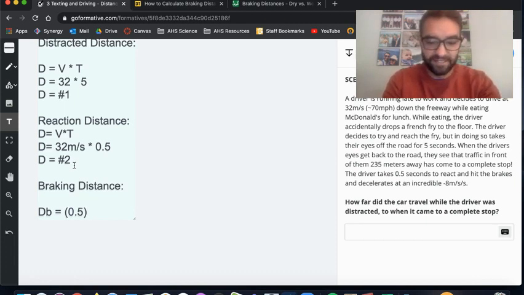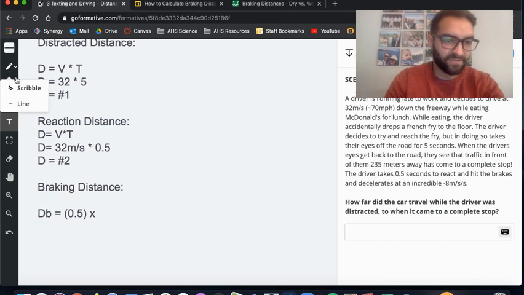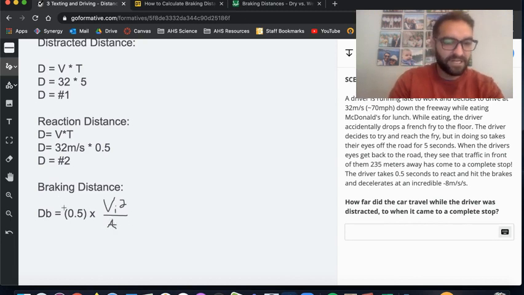Okay, and then you can multiply that by, and I will type this in because it's not going to work for me, vi squared divided by acceleration. Oh, so much harder to type.